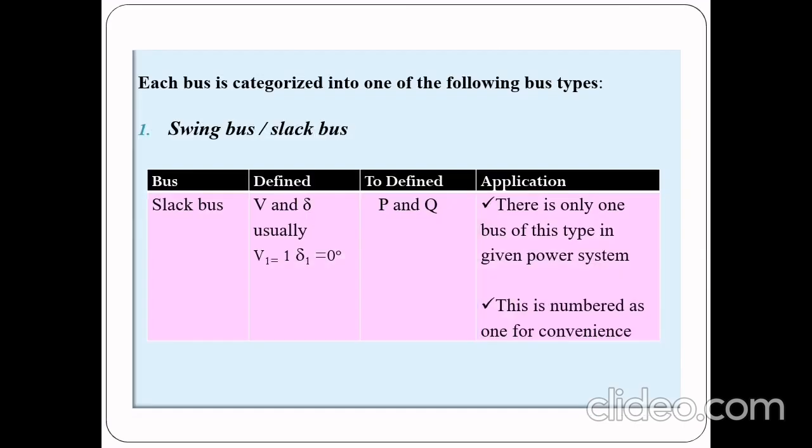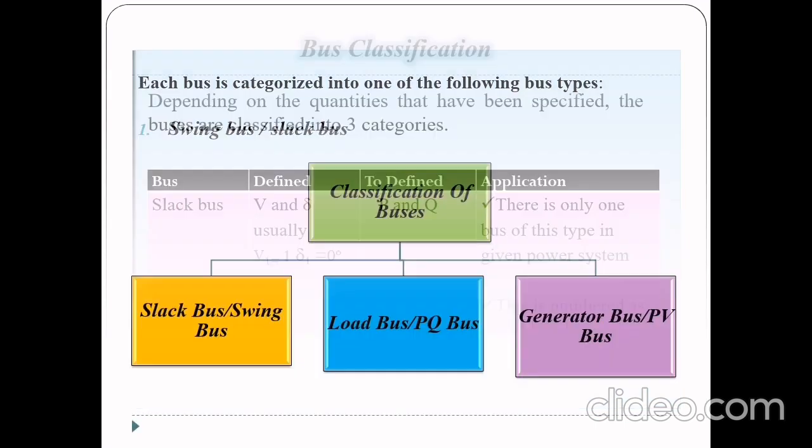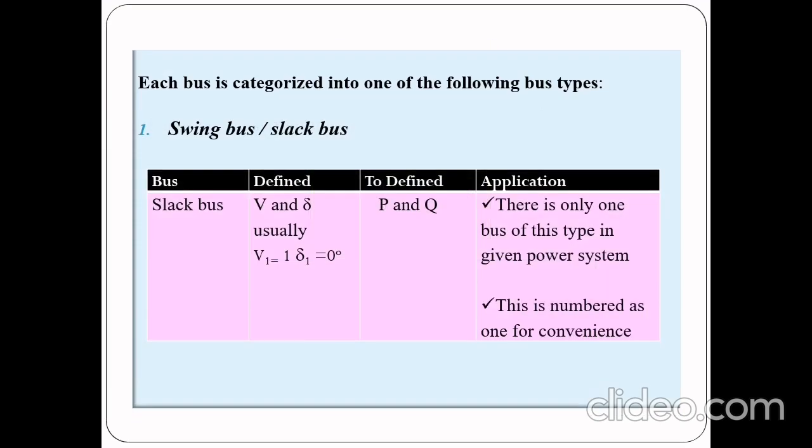Now you see clearly in this slide, swing bus or slack bus, in which the specified values and then the values to be calculated, all that they are mentioned here. So first, slack bus, you see defined or given values V and delta are normally given.